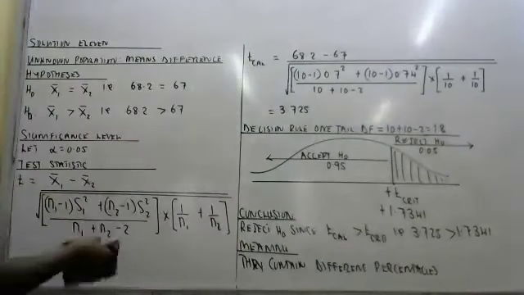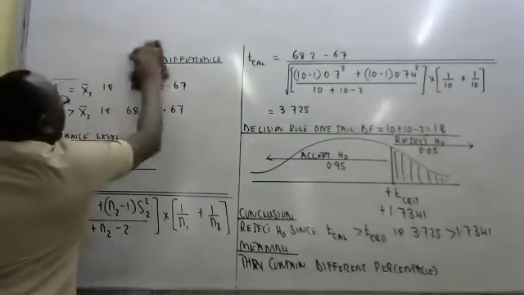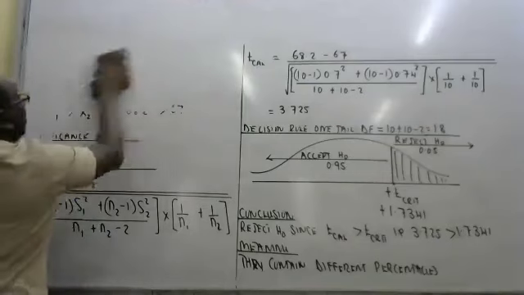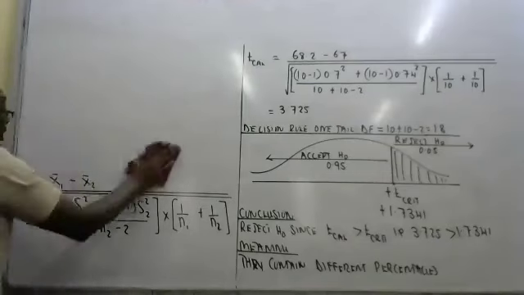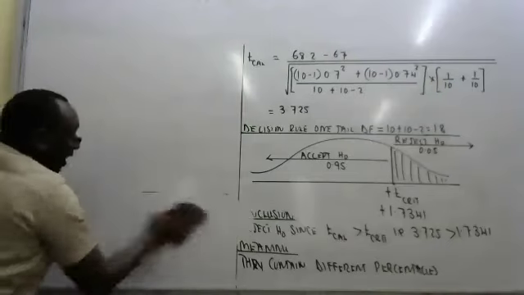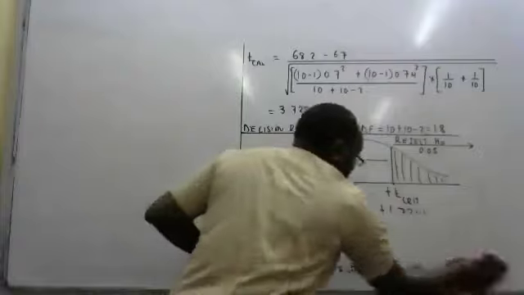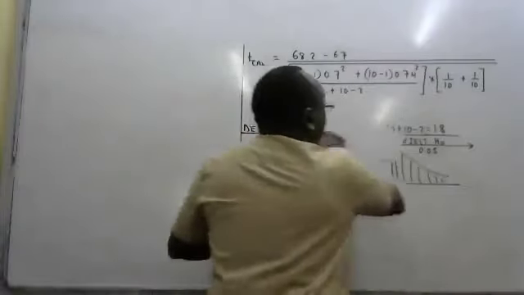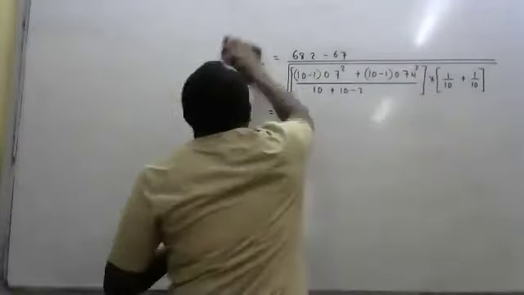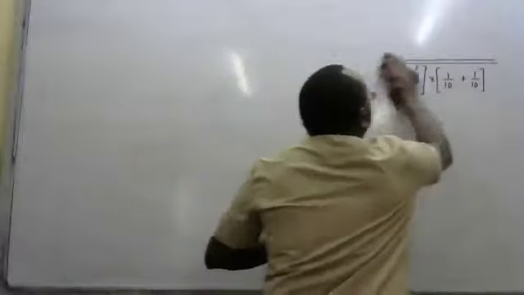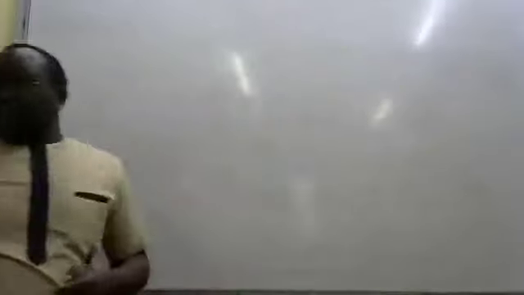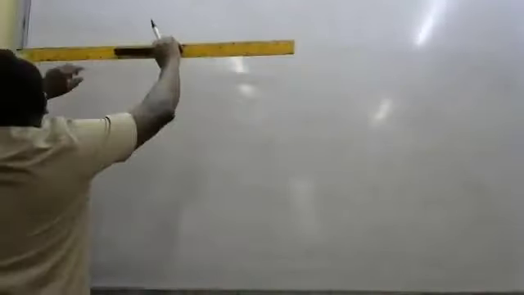So again, you cannot see delta in that question. There is no delta. So if you cannot see delta in that question, it tells you that the population is unknown.